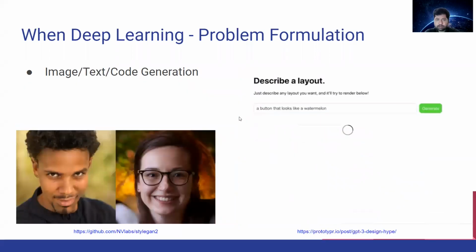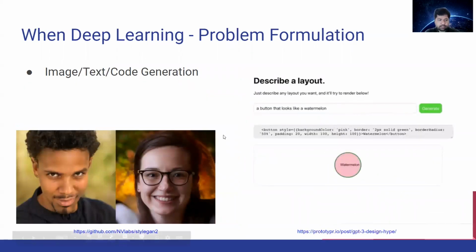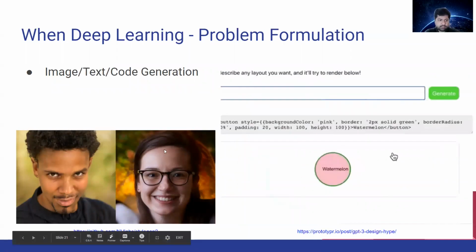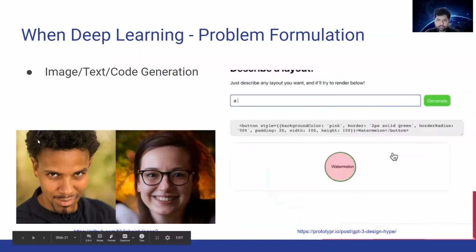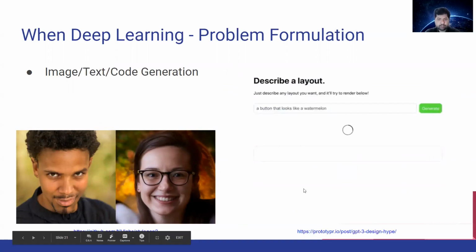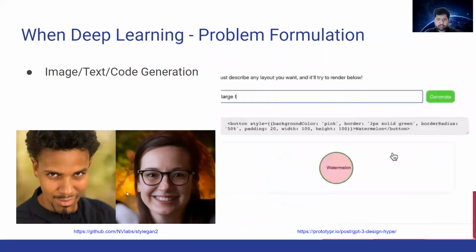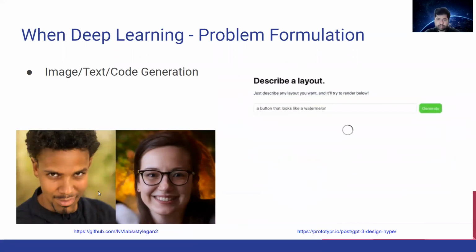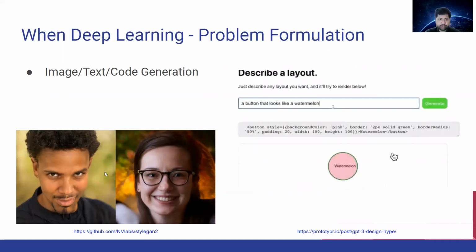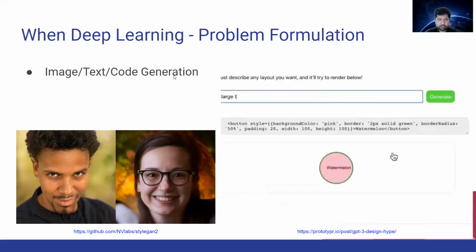Another powerful application is generation. On the left, you can see an example of generated faces. These faces are not real, but generated by an AI algorithm. It's very hard to tell the difference between a real face and a generated face because these algorithms have become very good at generating images.